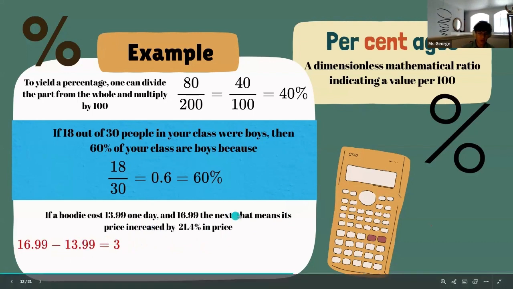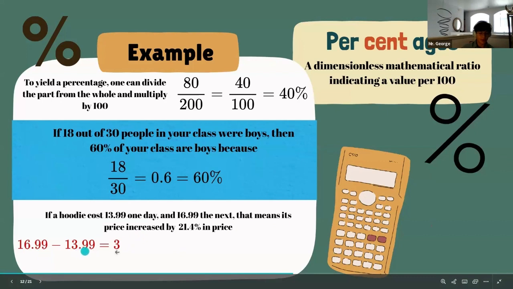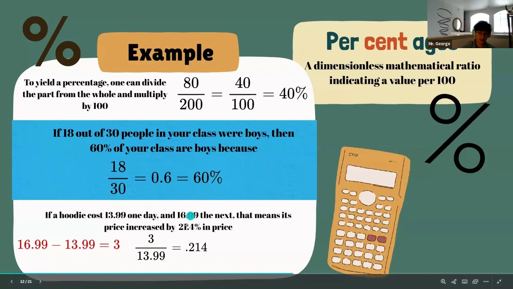What it's asking for is the percent increase, so it's 16.99 minus 13.99. The difference is going to be $3. And we take the $3 from the original price, because if it increases, we're measuring from the original price, and it goes up to $16.99.